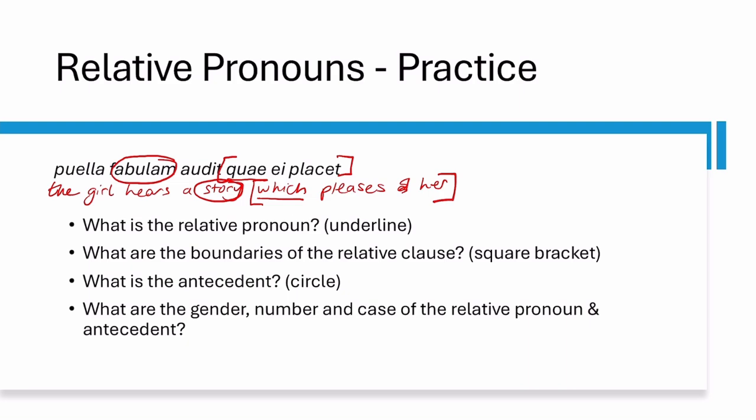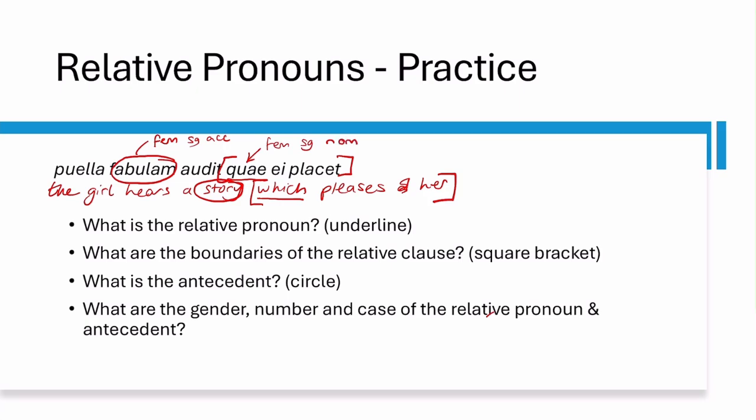That is your antecedent. Now, gender, number and case of the relative pronoun and your antecedent. So our antecedent is feminine, singular, accusative. But in the relative clause, it's become nominative. The story pleases her. So feminine singular still, we've said they have to agree in gender and number, but it takes its own case.